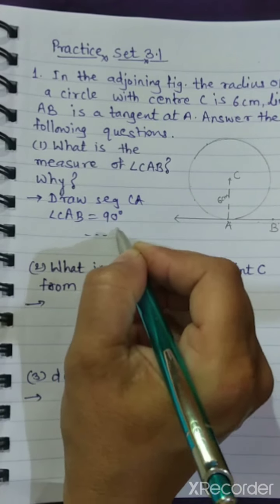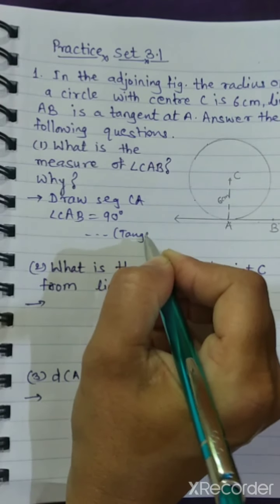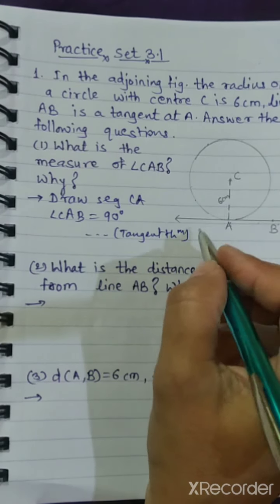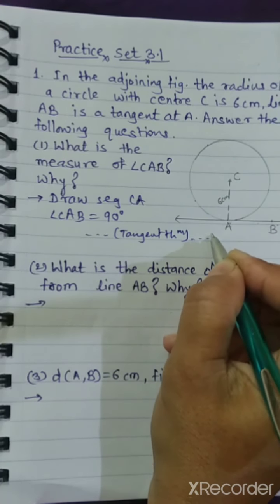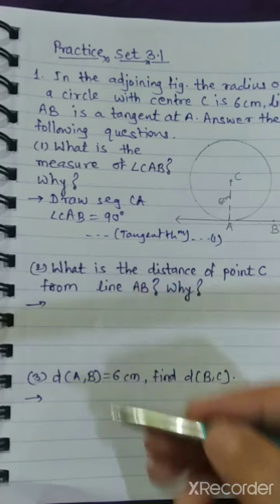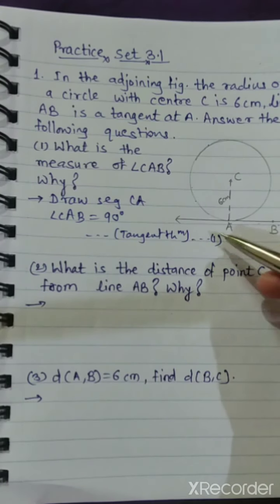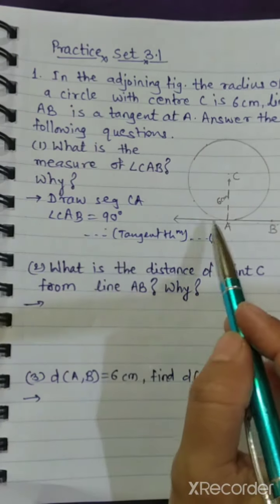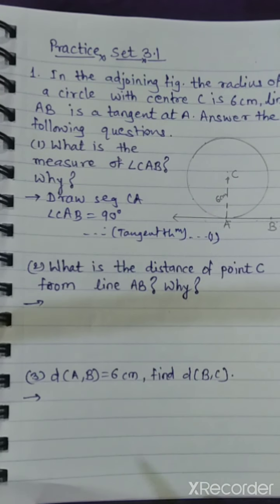Why is it 90 degree? By tangent theorem. I am writing here equation number 1 because when we solve the next sums, this first equation will be used. So angle CAB is equal to 90 because tangent is perpendicular to radius.